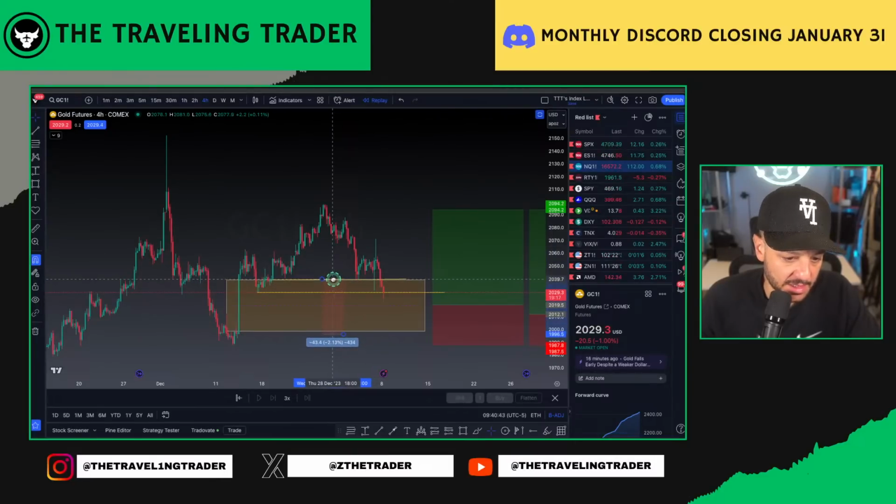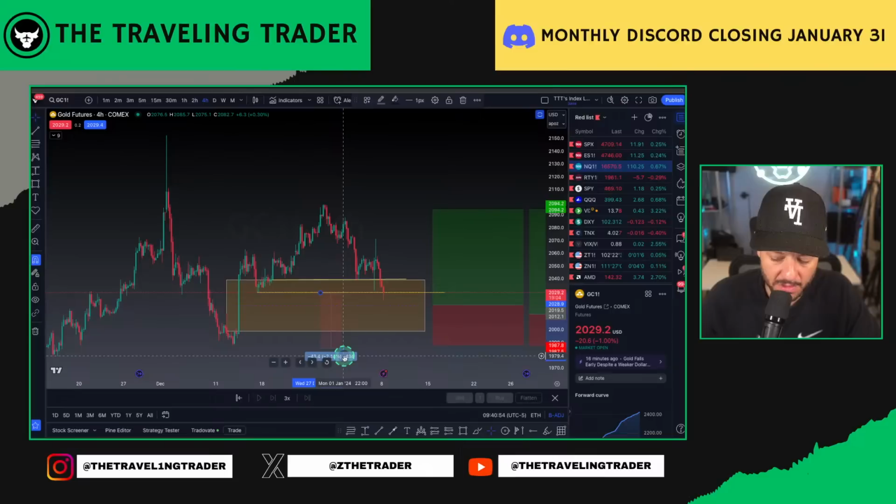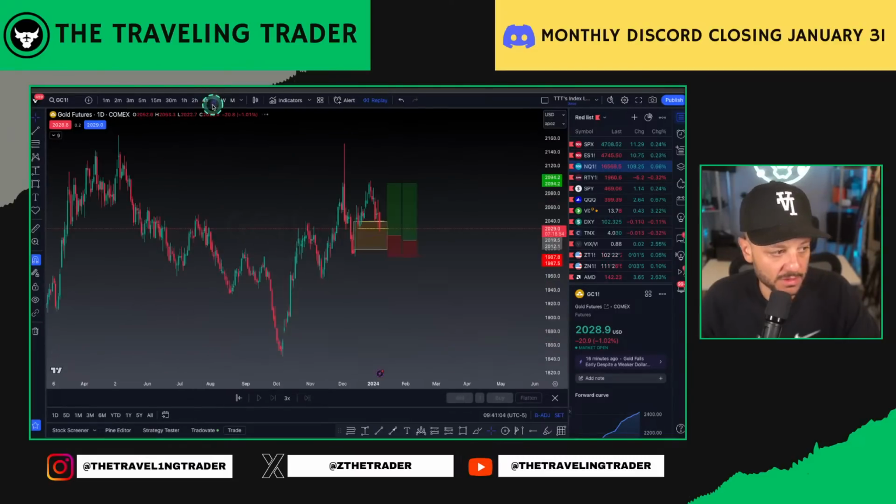Something tells me this might continue on that fair value gap, because it'll be a similar move from the head to the neckline as it is from the neckline below. And that would basically fill this entire fair value gap on the 4-hour.